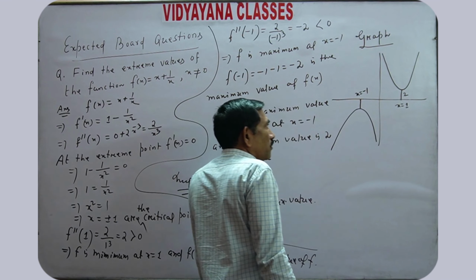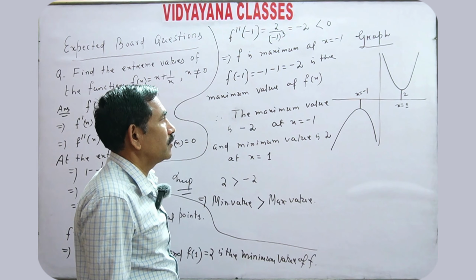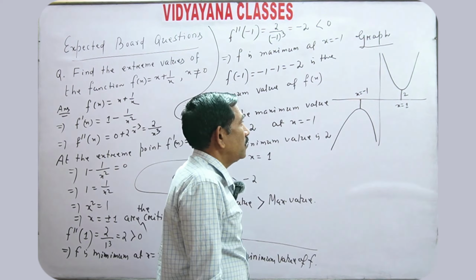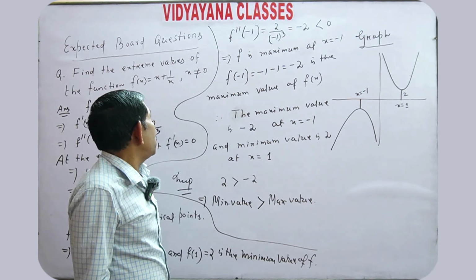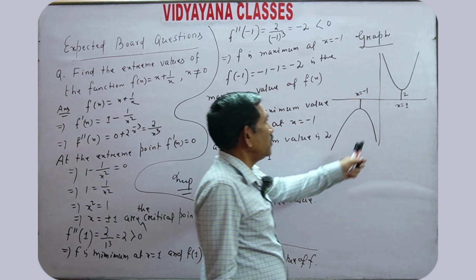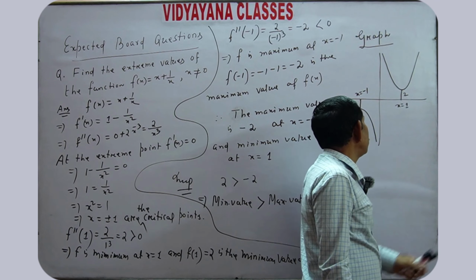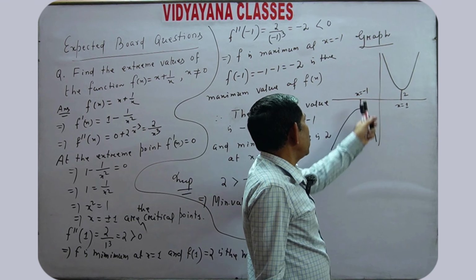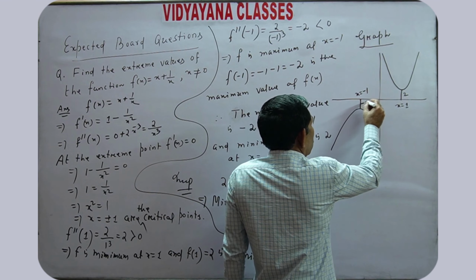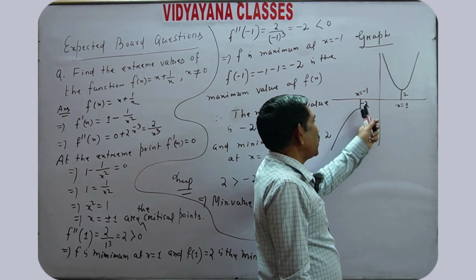It is the maximum value of the function. Clear? It is the graph of the function f(x) is equal to x plus 1 by x. At x equal to 1, the value is 2, other values are greater than 2. At x equal to minus 1, the value is minus 2, other values are less than minus 2.